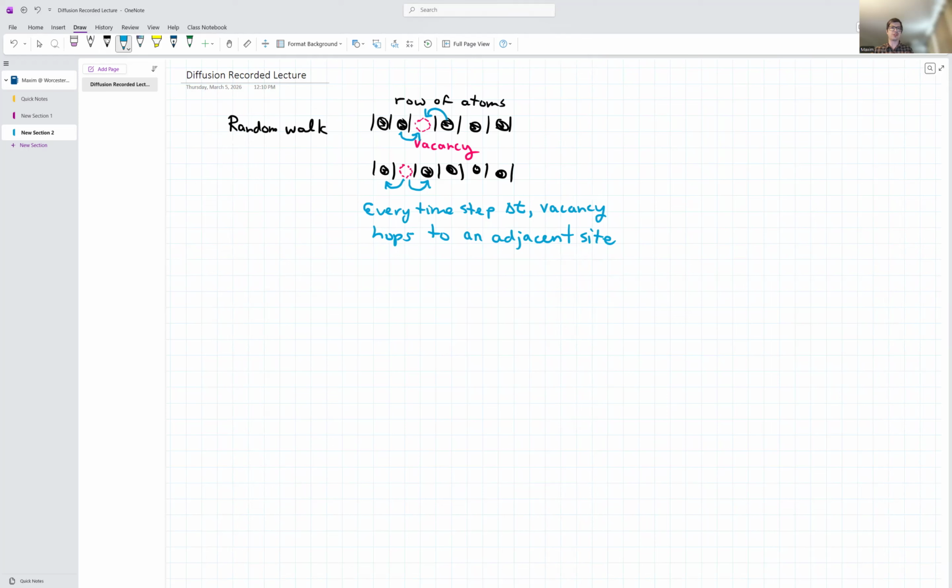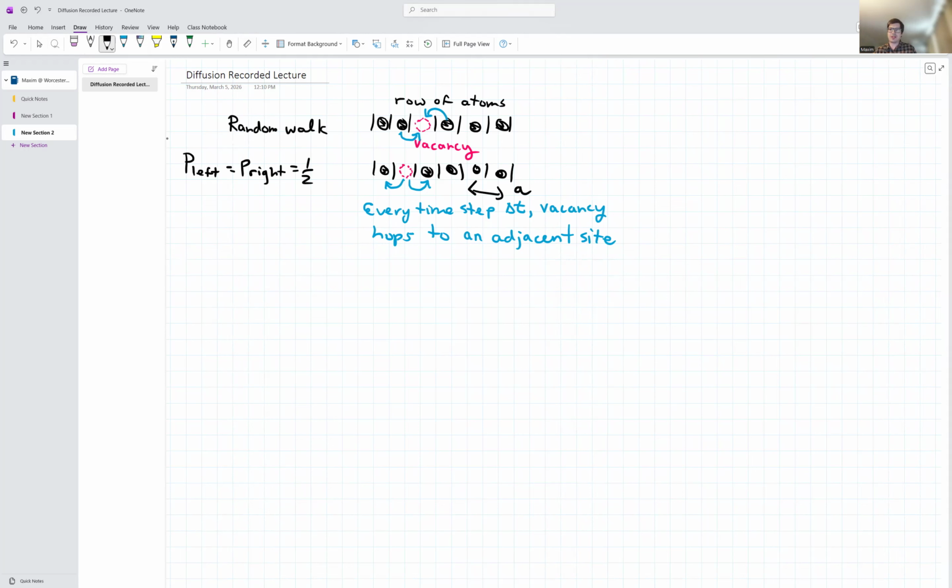So the natural distance is, of course, the lattice spacing. So we'll assume that the hop size is equal to a lattice spacing. And it's easiest to consider the situation where, of course, there's no bias. So the probability of hopping to the left and right is equal. So we're going to assume that the probability of hopping to the left is equal to the probability of hopping to the right, which is 1/2.